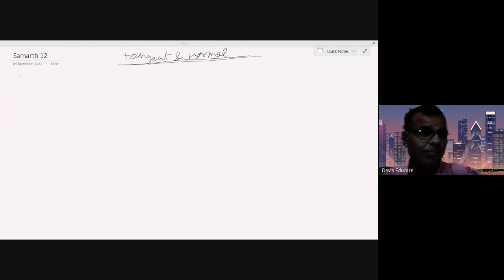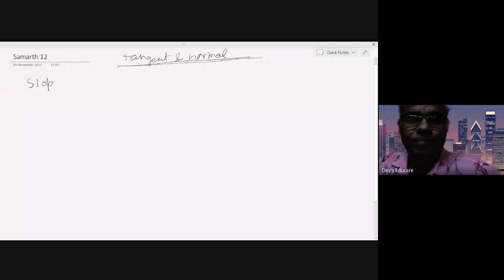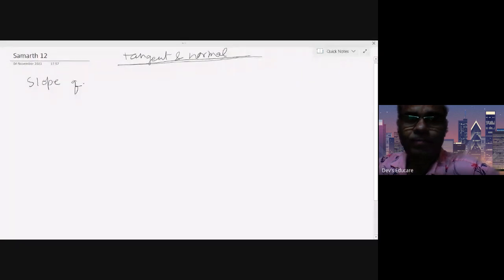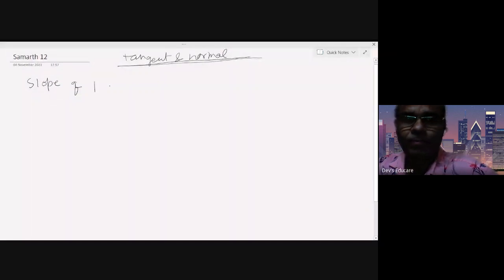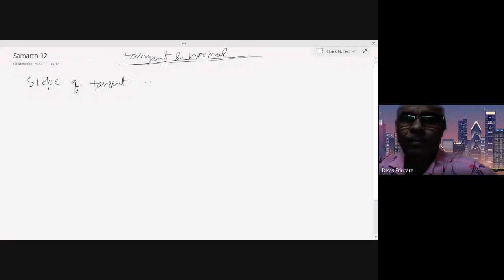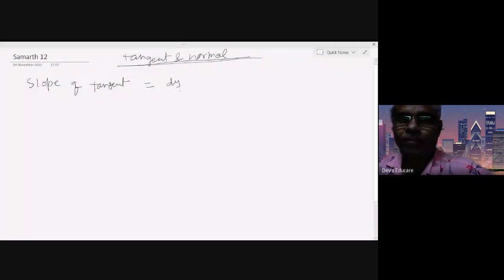Then we just put the value of x in dy by dx, and we get the slope of the tangent. And what about the slope of normal? The slope of tangent is dy over dx.